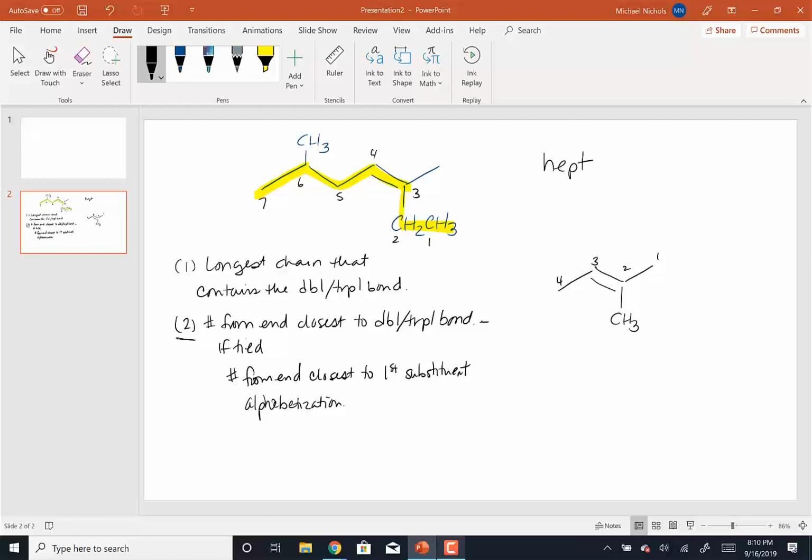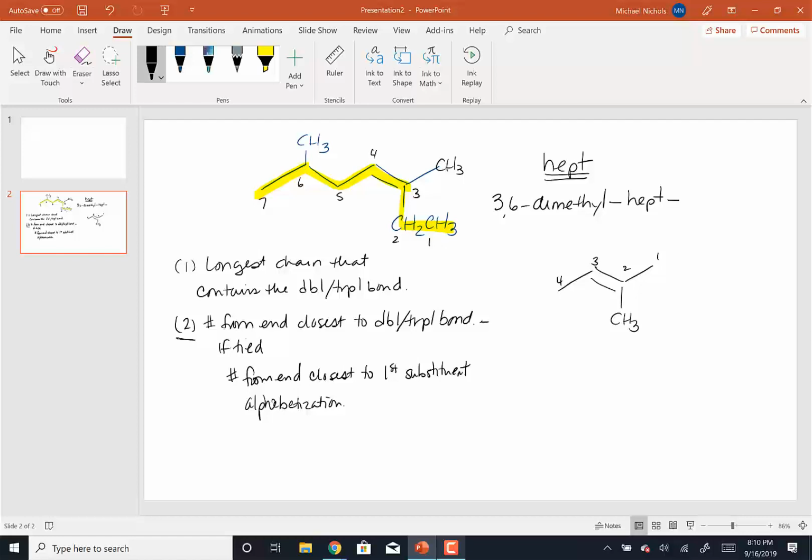So up here, we have a methyl group at 3 and a methyl group at 6. So the name of this molecule would be 3,6-dimethyl. And then for double and triple bonds, we put the number of the longest chain. So this would be a hept with a dash.